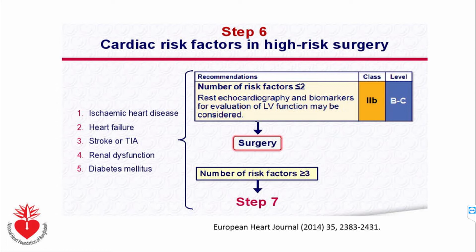If the echo shows EF more than 40%, and you do 2 biomarkers, troponin I and NT-proBNP, and all 3 are normal, then you can go for surgery.